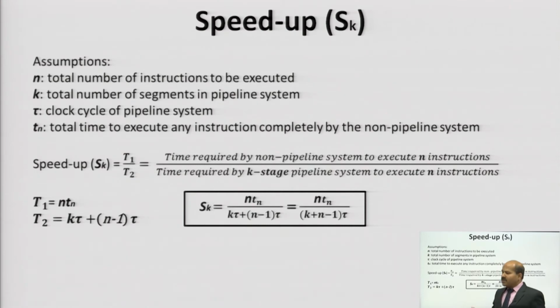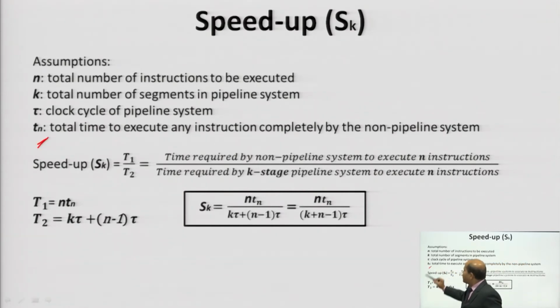So, how much faster is the system? We can consider a general case. There are a few assumptions. There are n instructions to be executed by the non pipeline and pipeline systems, and there are k stages of the pipeline system, meaning the non pipeline system is converted into k stages, and tau is the clock cycle that we decided just before.